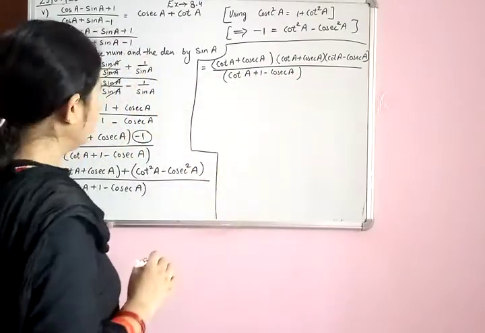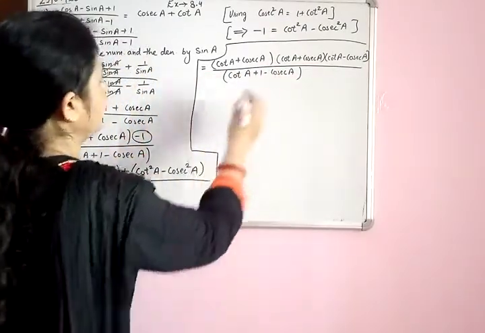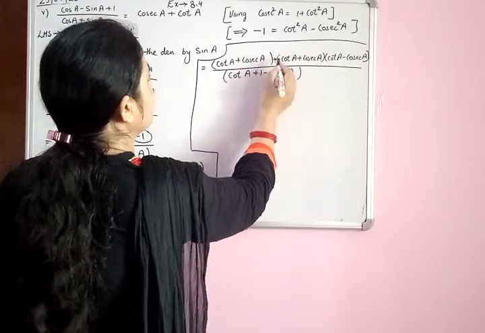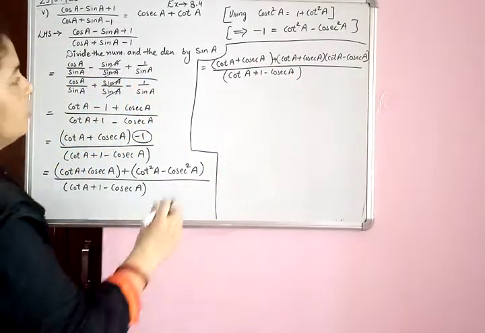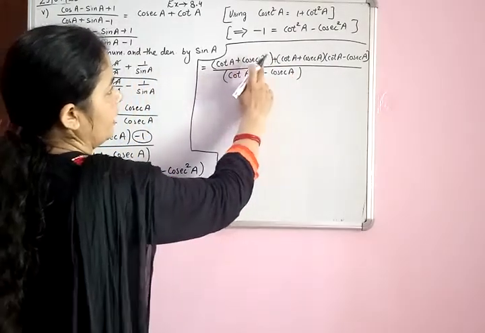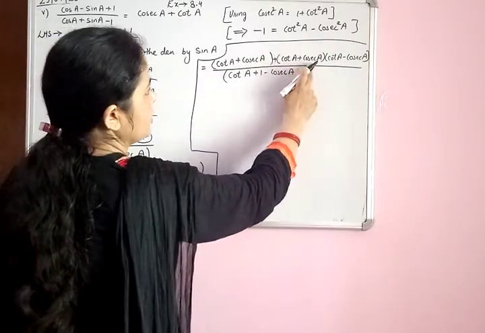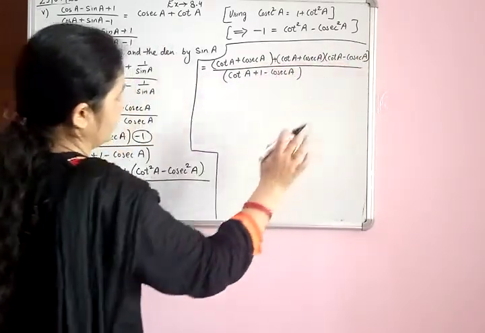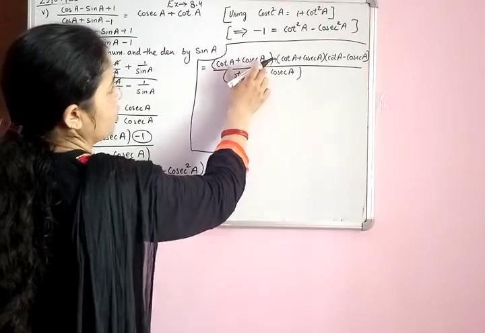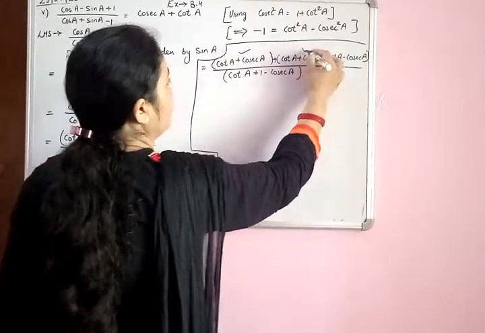Now look at here, we have a plus sign. So now cot a plus cosec a plus cot a plus cosec a into cot a minus cosec a. Here we can take cot a plus cosec a common from both.